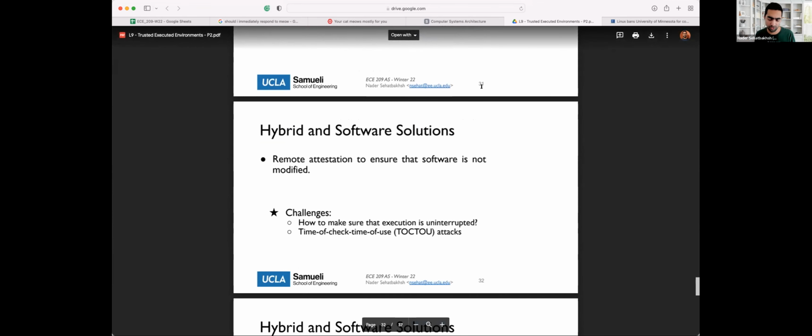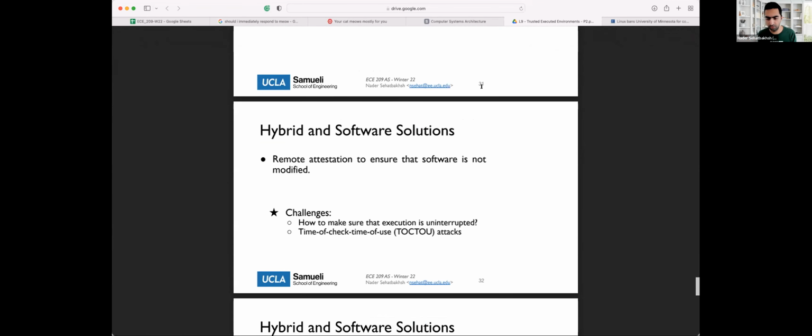There are 2 main challenges. One is, because there is no actual hardware that guarantees this is trusted, we can always check whether that part of software or that specific record is modified or not. There are methods for this that we're going to discuss.